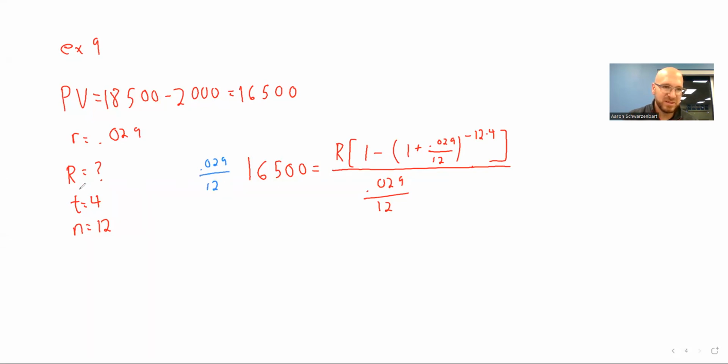So again, my first step on the right was the same, giving me 39.875. And it gets rid of my denominator on the left when I multiply both sides by this.